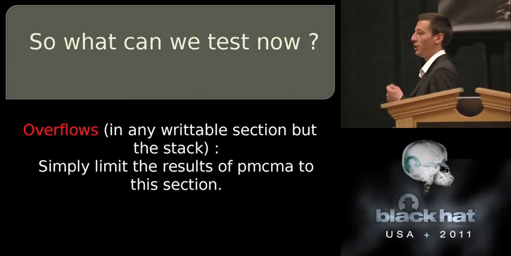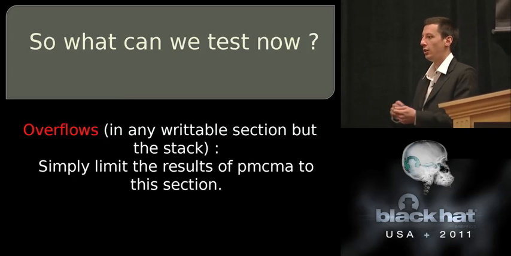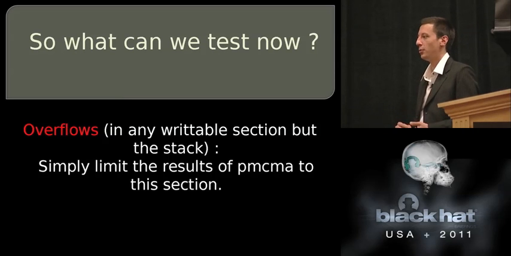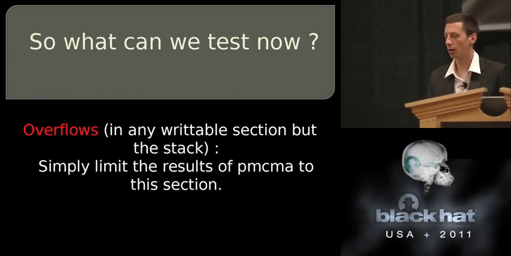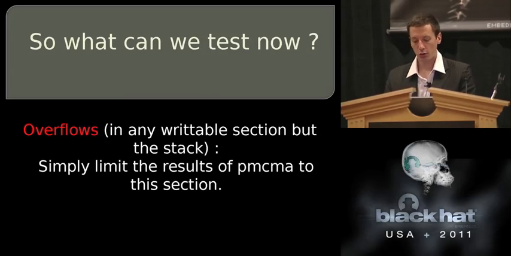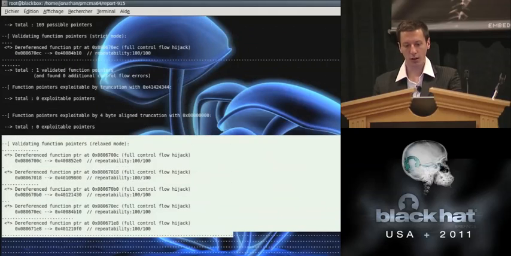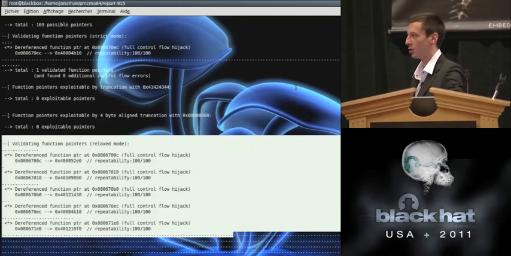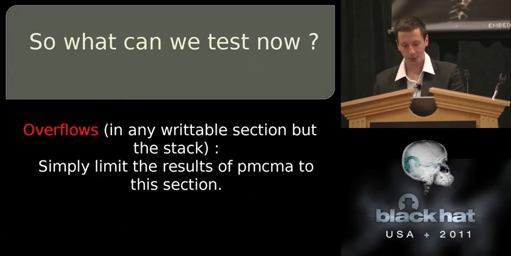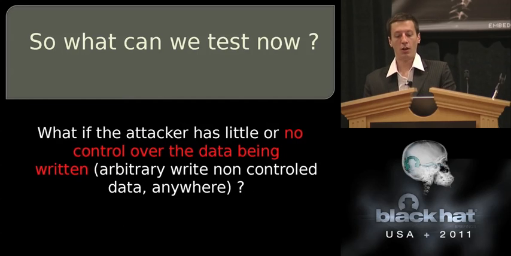Say you have an overflow in the BSS. Can you actually overwrite a function pointer in the BSS? So it's able to check that too. How do you do it? Well, basically you take the output of our previous analysis and you truncate it to the section you're interested in, and that's it.